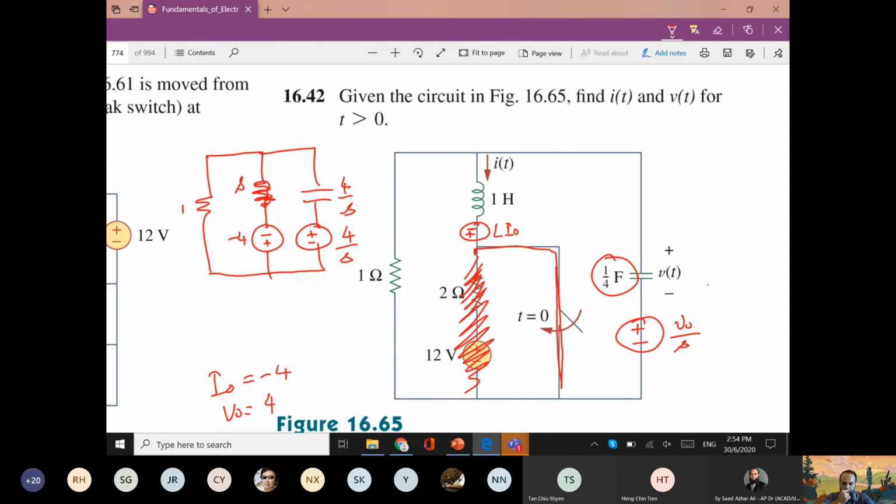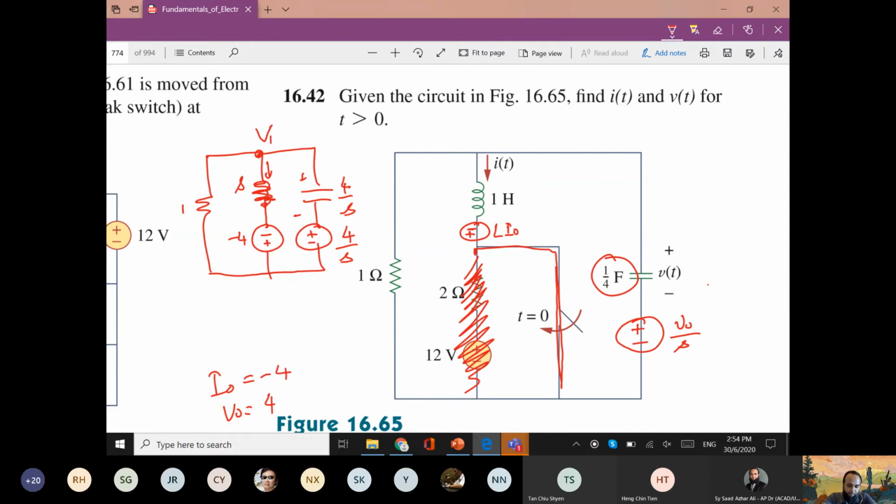I think this is okay now. We want to find out this current and this voltage. So if we find this voltage here, let's call it V1.